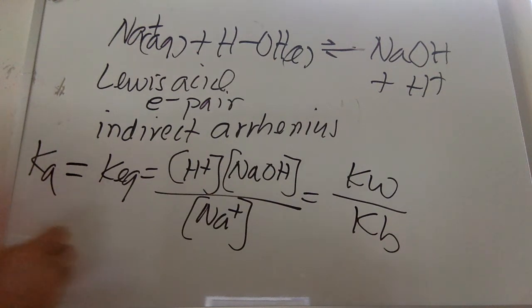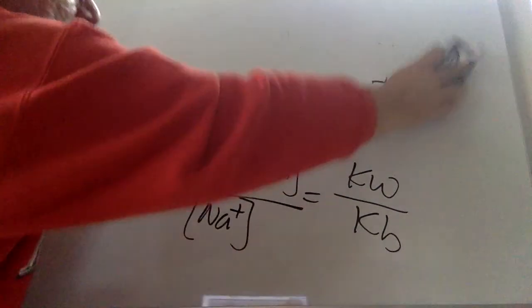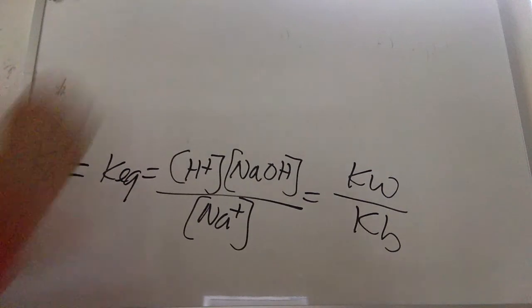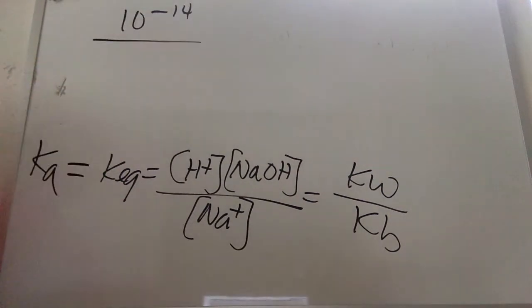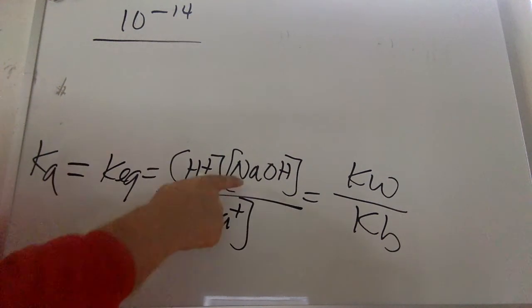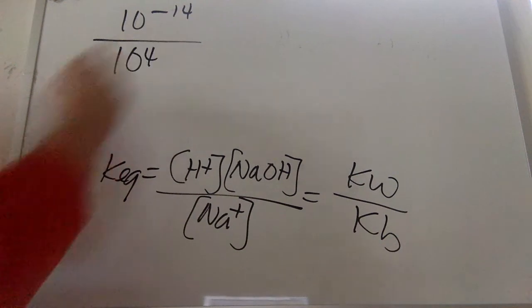Okay, so what do I have now? 10 to the minus 14 is the Kw value. And if I look up in my tables the Kb value for sodium hydroxide, it's 10 to the fourth.